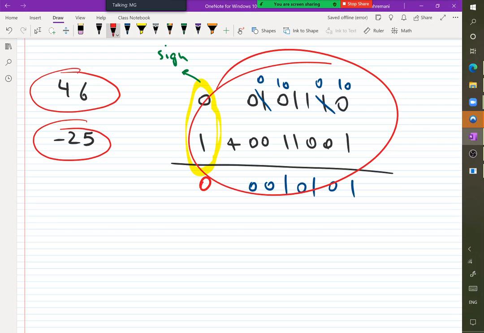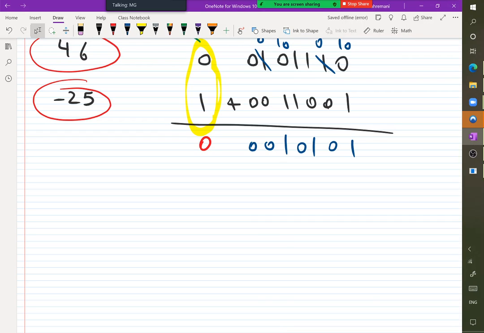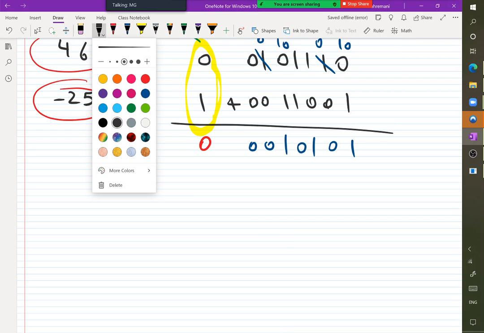We need to subtract and add, so we need separate hardware for addition and for subtraction, but we don't want two different hardwares, because both have the same basis. And the third issue is that in sign magnitude, we have two representations for 0.